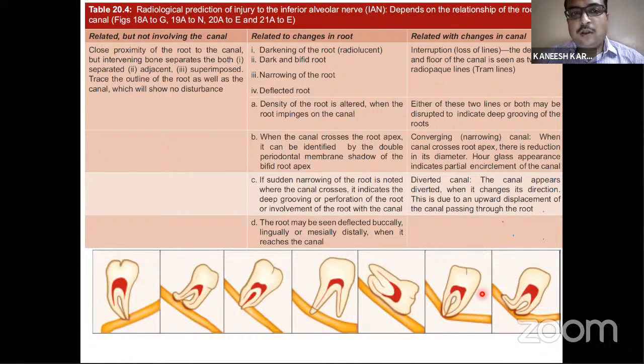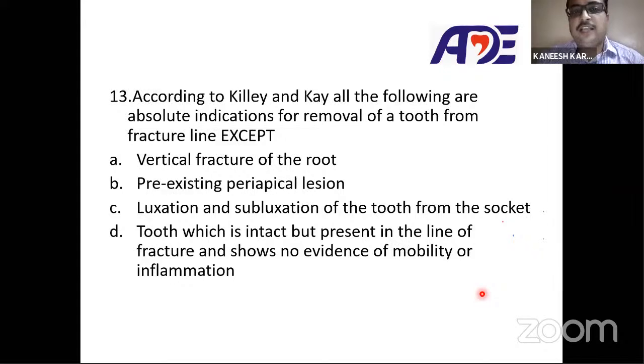According to Kay and Killey, all the following are absolute indications for removal of a tooth from the fracture line except: the tooth which is intact but present in the line of fracture and shows no evidence of mobility or inflammation.